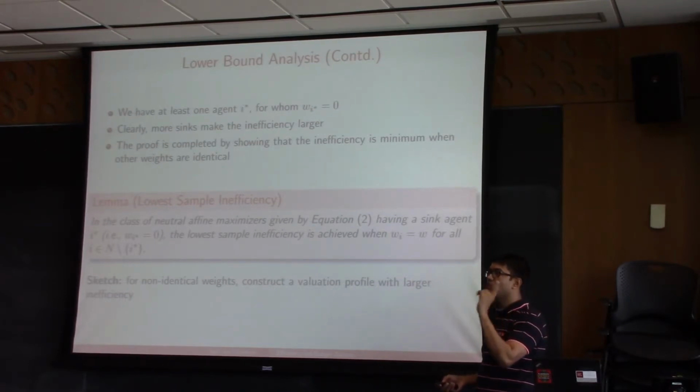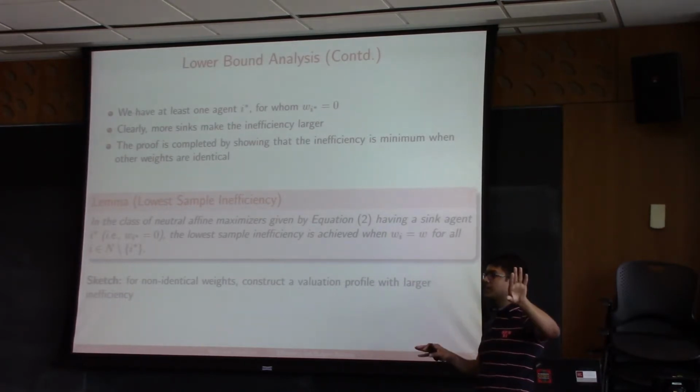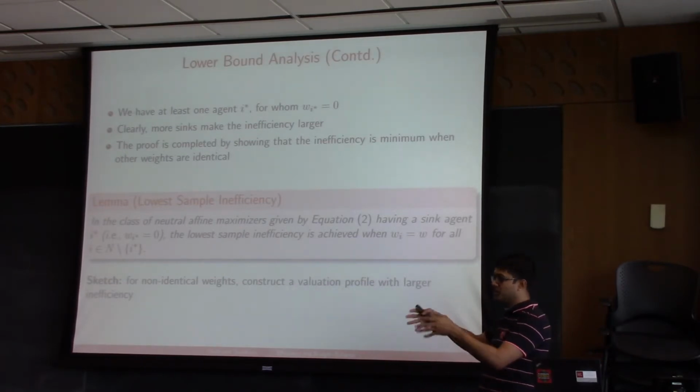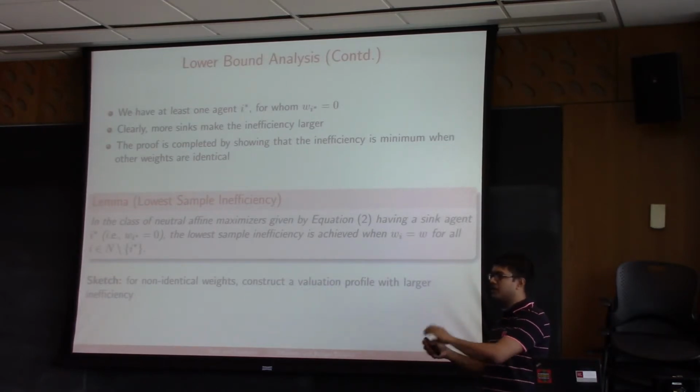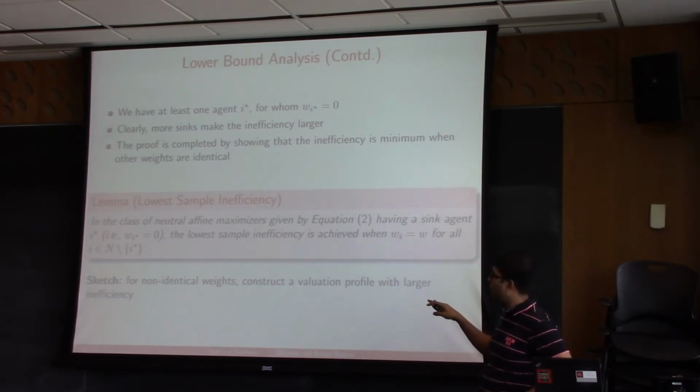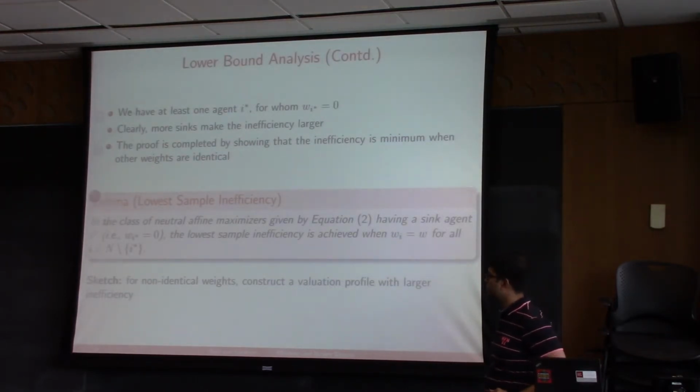I'm going to have only one agent who is the sink. I'll isolate him. I'll take the efficient decision without that agent and then transfer all the amount of money that is generated to this agent. And that mechanism is the optimal mechanism which minimizes the sample inefficiency. So that's the result in the context of deterministic mechanisms.